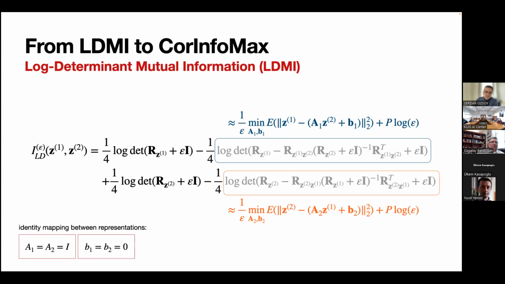But for the sake of self-supervised learning, we don't want an arbitrary linear dependence. We want an identity mapping between representations. So we enforce A1 and A2 to be the identity mapping, and B1 and B2 to be 0.